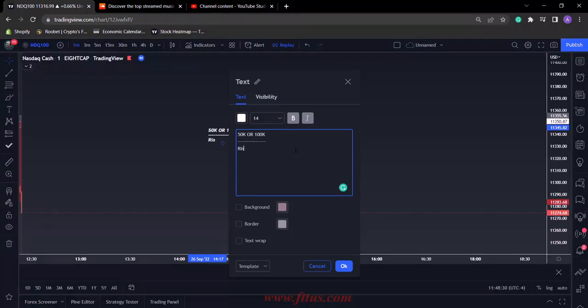So for funded risk, let's say 0.5% to 1% per trade for the challenge. Say you lose 3 trades in a row. That is minus, we'll say, 1.5% to 3%.